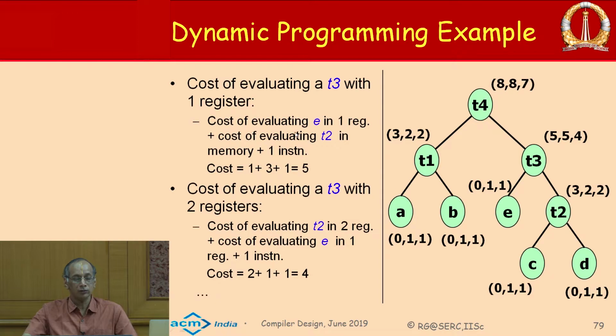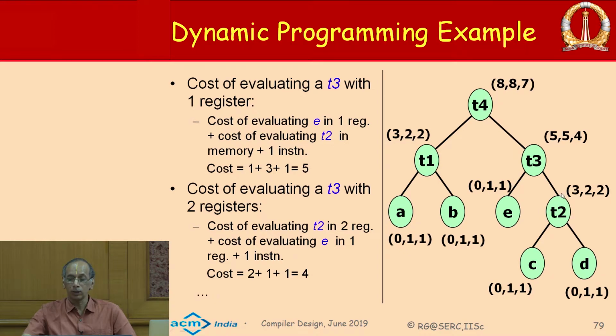So, when you say the cost of evaluating this using one register, you could have given that one register to E, and then you could have calculated T2 in memory, right. That means this cost would be one register, which is 1, calculating this in memory, which is 3, plus the cost of this instruction, which is 1, which is 5, and that is this cost, okay. We will find out that has to be the minimum. Are there other possibilities? Again, there are no other possibilities. I can't calculate both of them in memory.